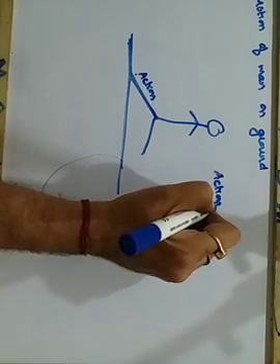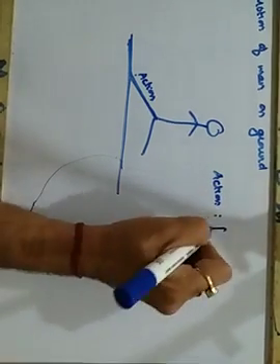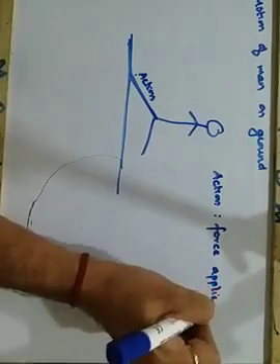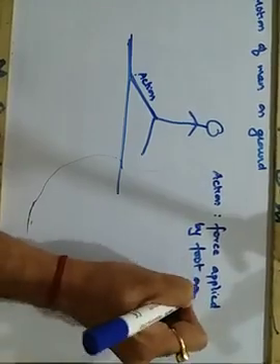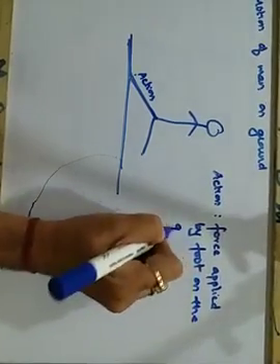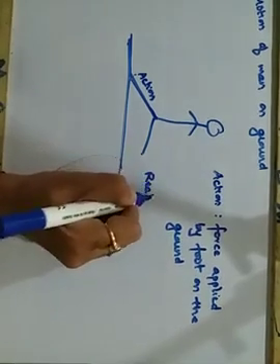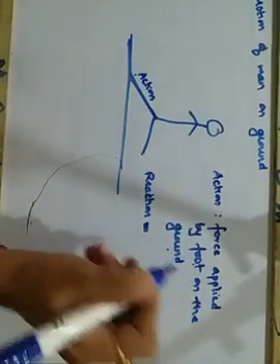So what is the action over here? Action, when a man applies a force F backward by his foot on the ground, action is force applied by the foot on the ground. So what should be the reaction? The reaction should be the ground will exert a force on the foot.